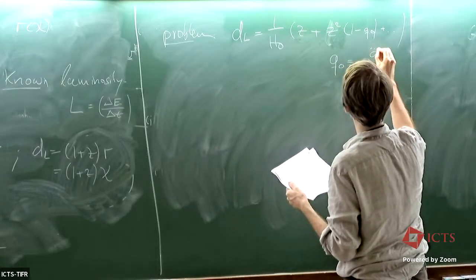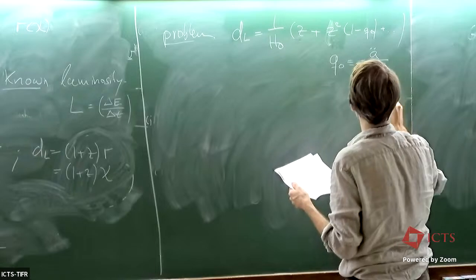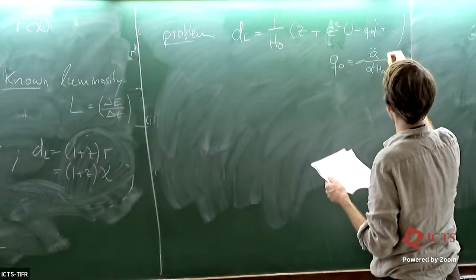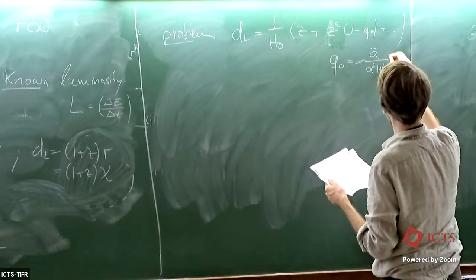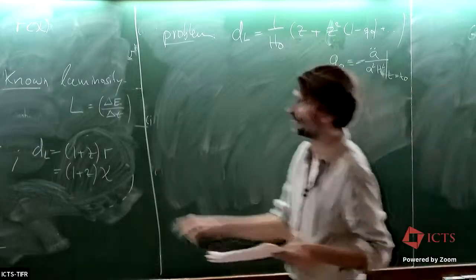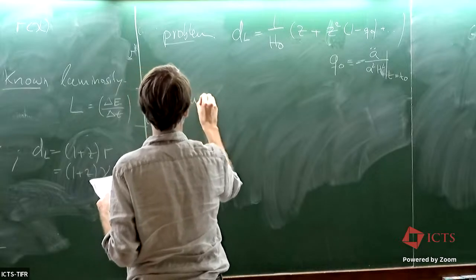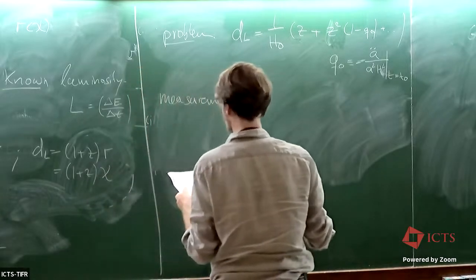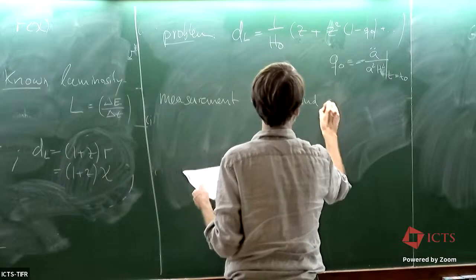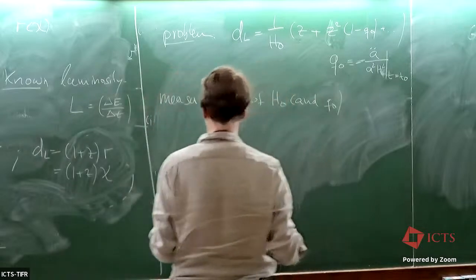So q0 is the deceleration parameter. It's positive if the universe decelerates, and it's negative if it accelerates, evaluated today. This you can derive from this formula, and then the idea is simple. We make a measurement of H0 and q0, but this is not the parameter we are right now mostly interested in; we get it as a byproduct.